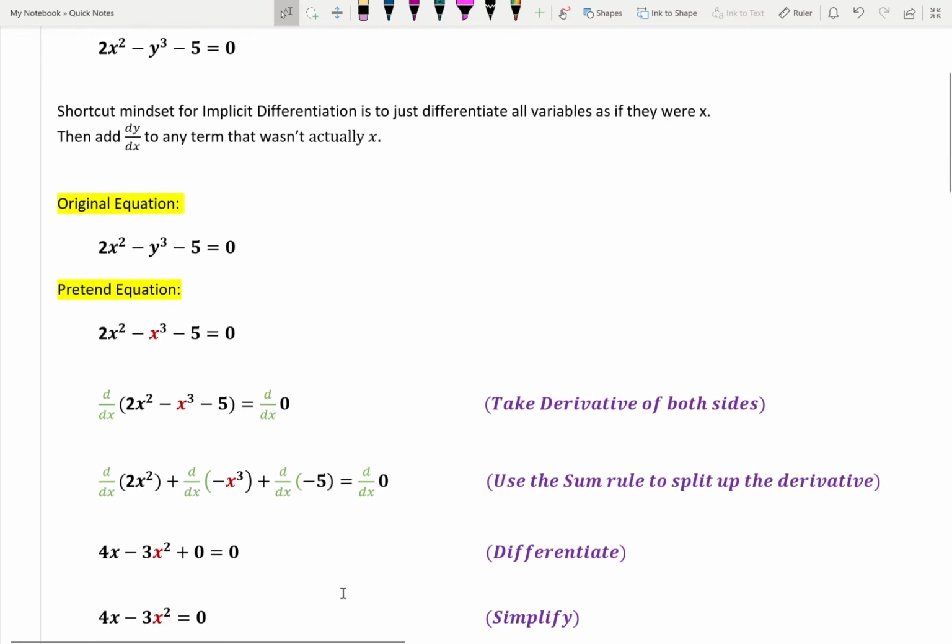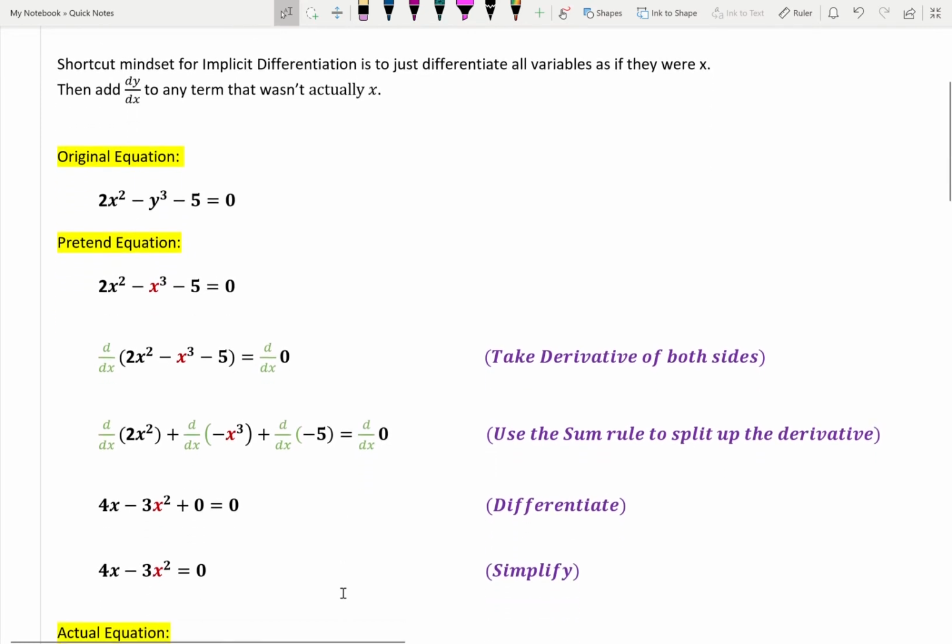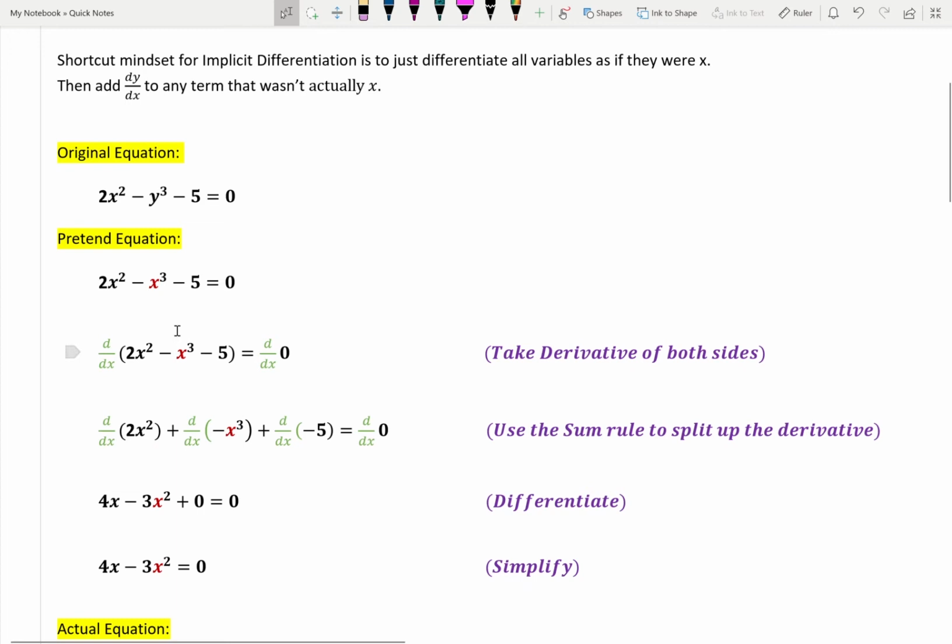After you simplify, remember, this was our pretend equation, where we turned y into x. Now I'm going to transform it back into the actual equation. I'm going to take this x and turn it back into y. But because I differentiated, I'm also going to add dy dx to any term that had a y in it.